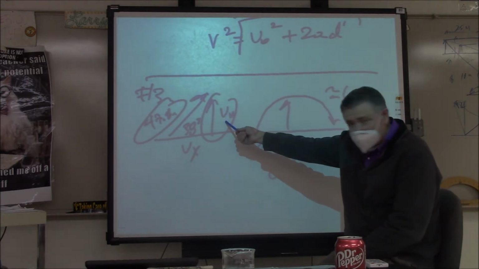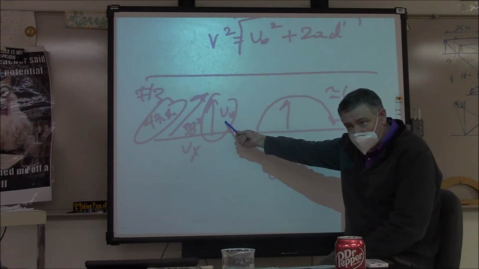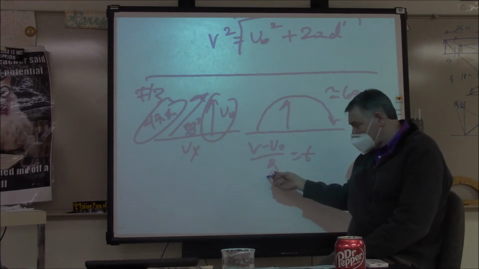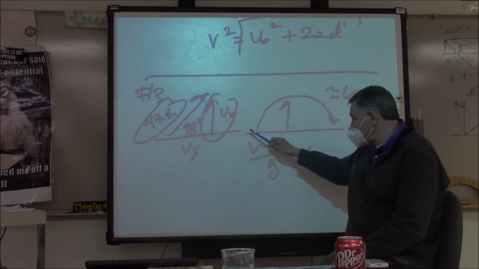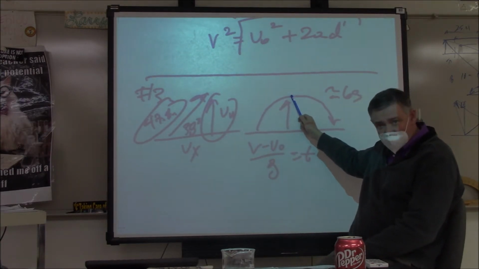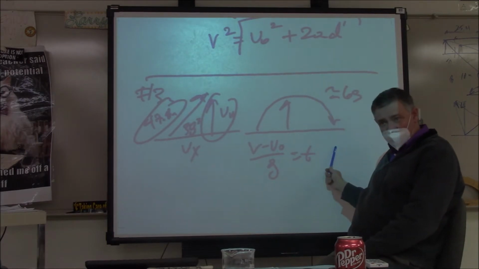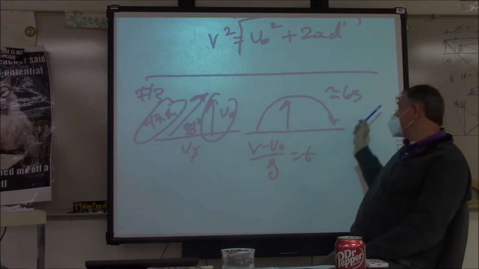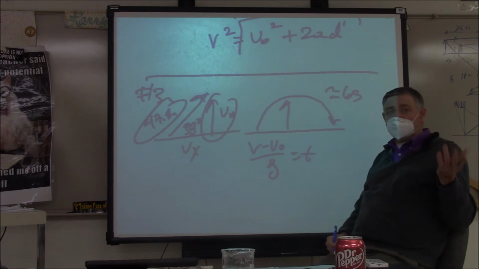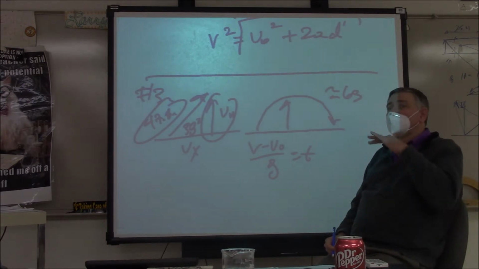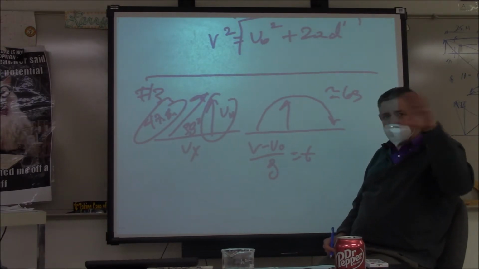Your initial velocity is going to be that vertical component of the velocity, and you know g is going to be negative 9.8. So you should see that it takes about 3 seconds to go up, and another 3 seconds to come back down. So your total flight time is going to be about 6 seconds, okay? Because if you have that wrong, there's no point in going on with this problem.